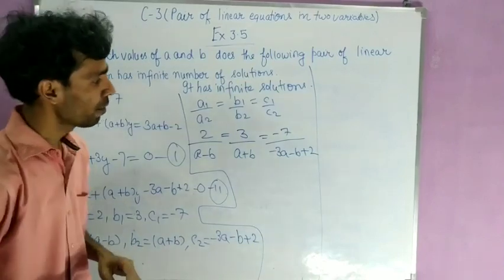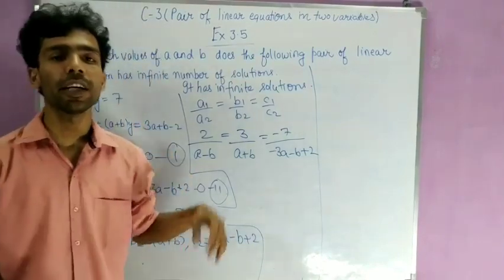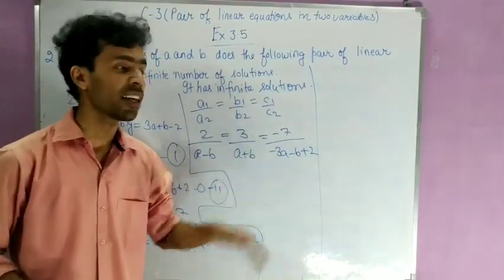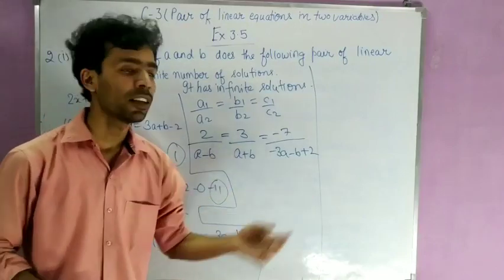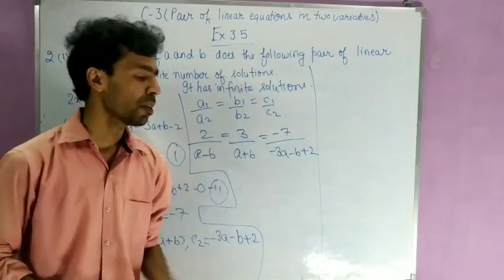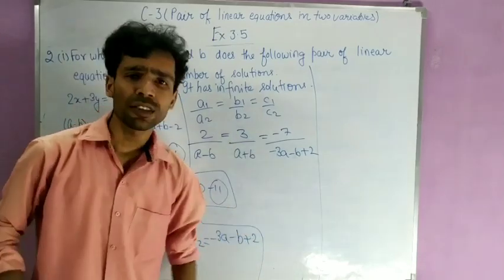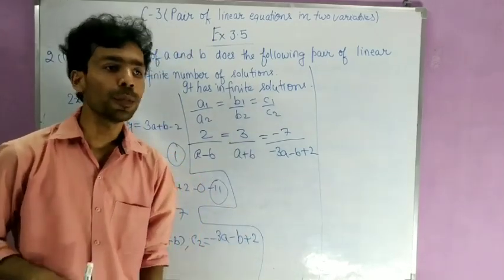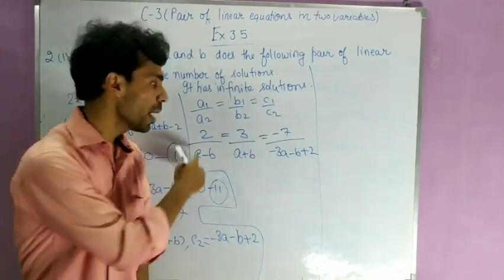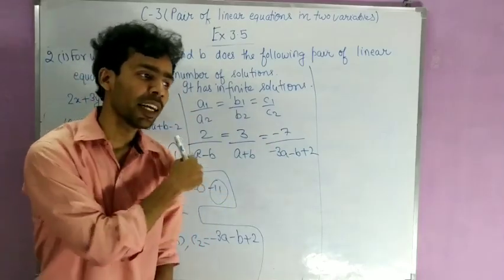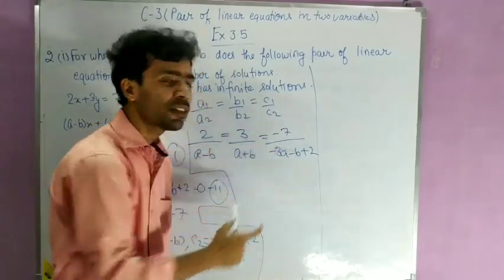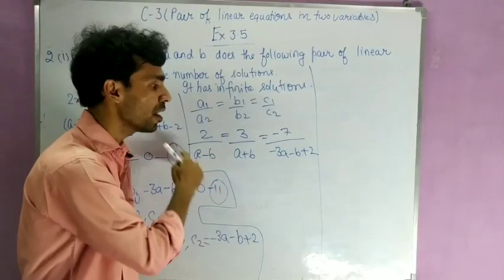So see student, when we put all the values of a1, a2, b1, b2 and c1, c2 in this expression, we got something like this. By seeing this expression we can say there is no constant term now. In the earlier part we got the same type of expression, but in that expression one part was constant, but here all are variables.